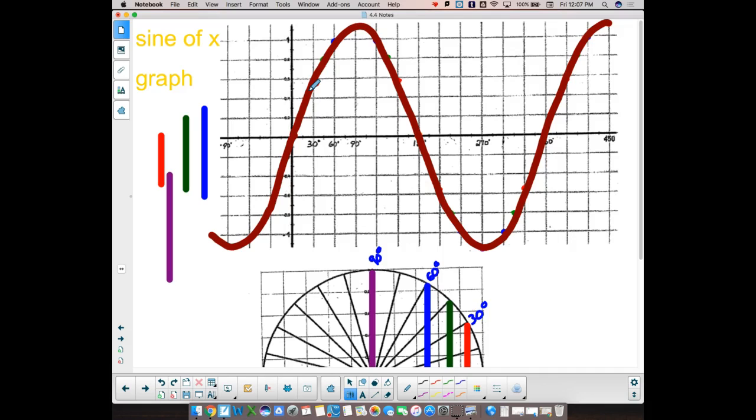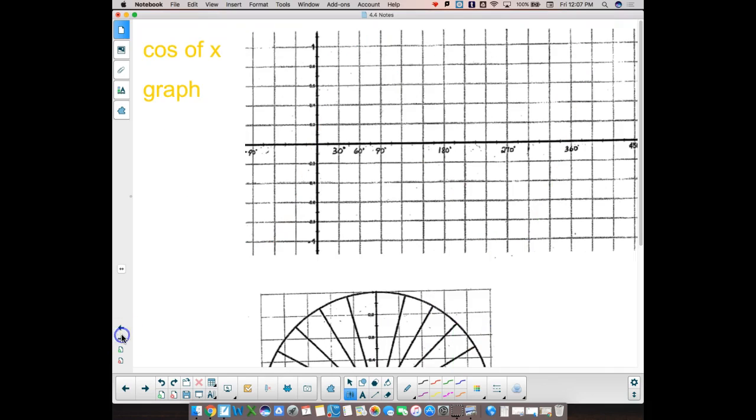What I'd like you to do now is investigate cosine on the back side of this. Now my question to you is this. Are your marks on your spaghetti going to change? No, they're going to be the same, right? Okay.